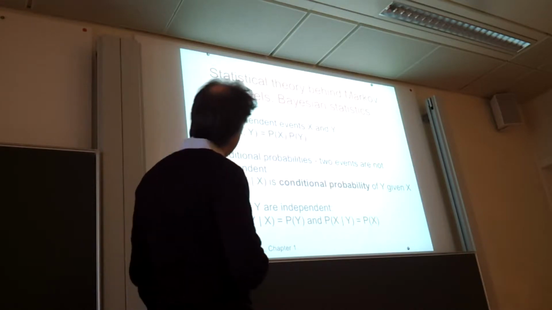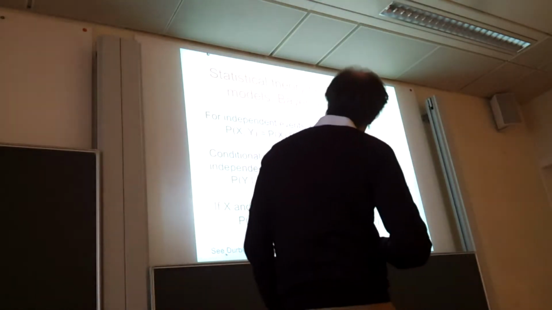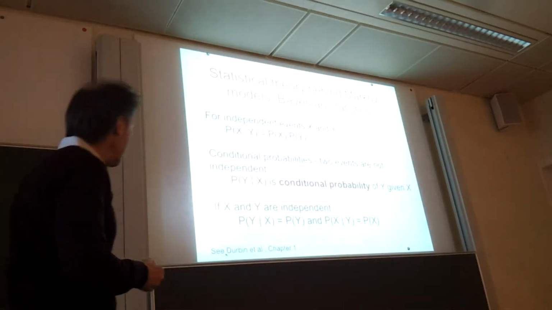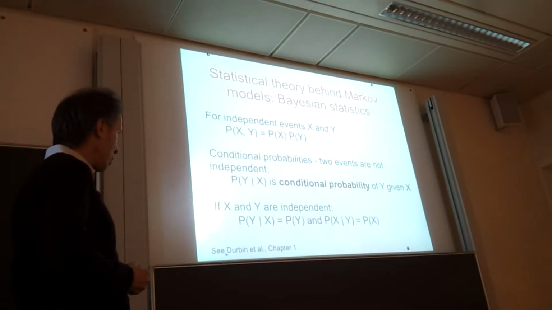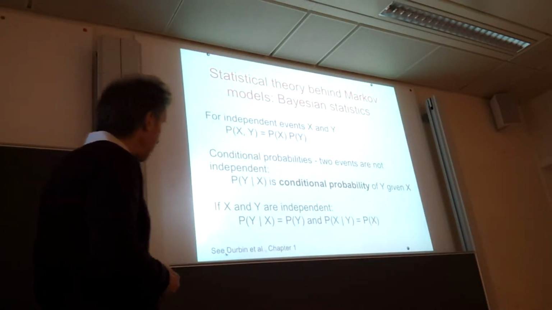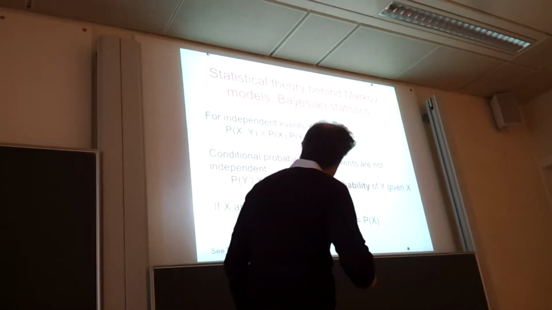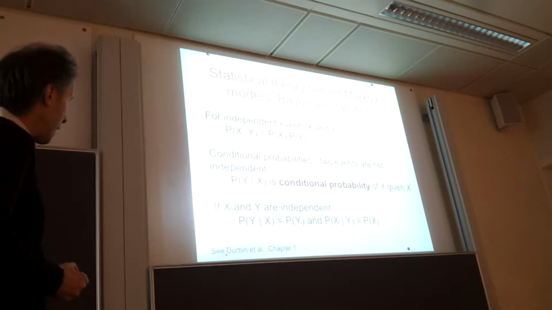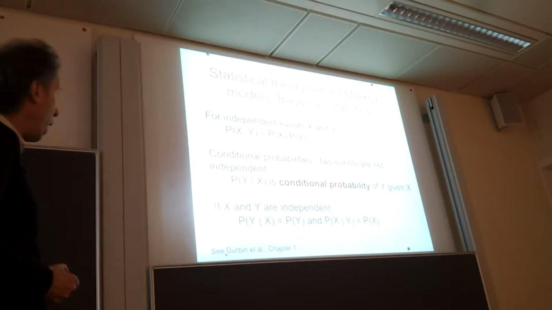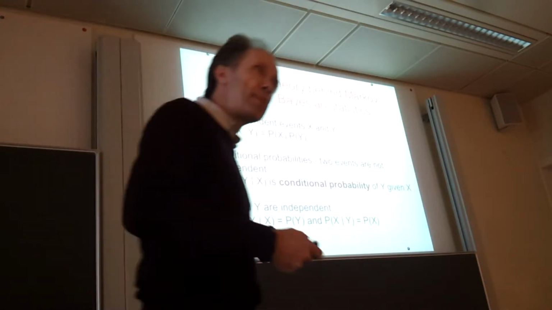But if two events, X and Y, are not independent, but are conditional, like if X has happened, you should know what happened to X to say something about event Y happening after X. And you talk about the conditional probability, the probability of an event Y given that X happened before.